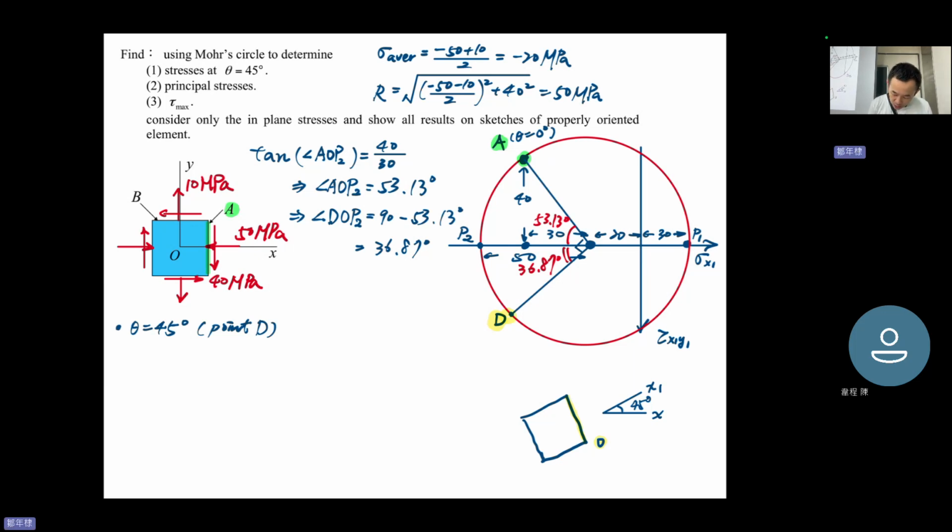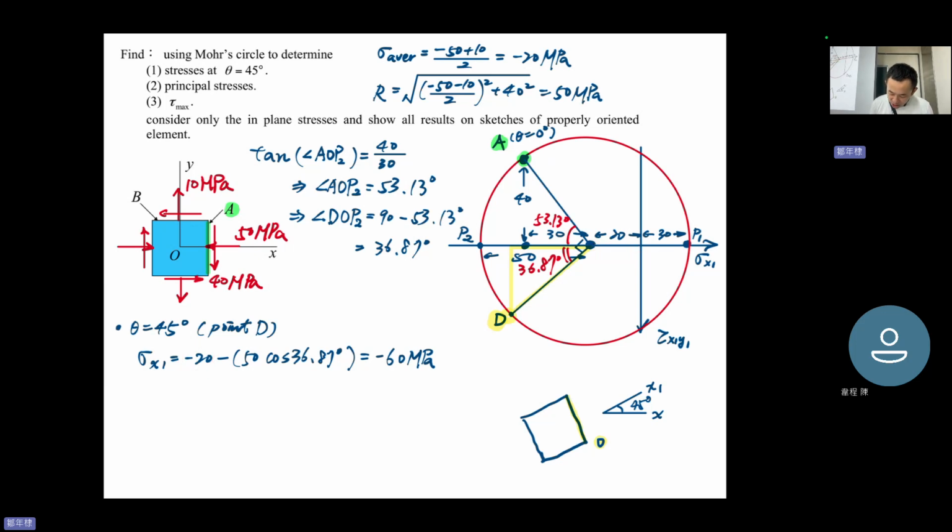Again, we can use the triangles here. Of course, vertical triangle. So let's get sigma x1. Sigma x1 actually is the coordinate of the point D. Minus 20 minus 50 cosine 36.87 degree equal to minus 60 MPa. So you can see that minus 20, right?